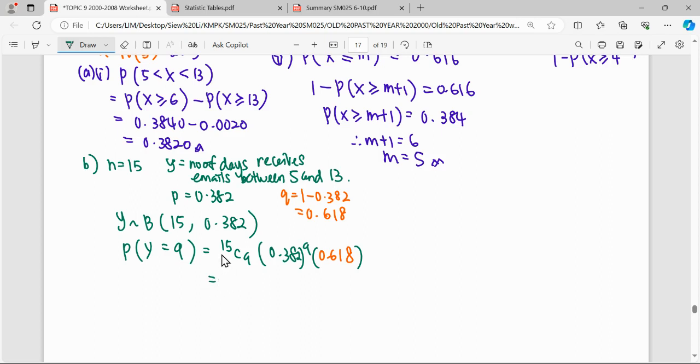Figure it out using your calculator: 0.0483.